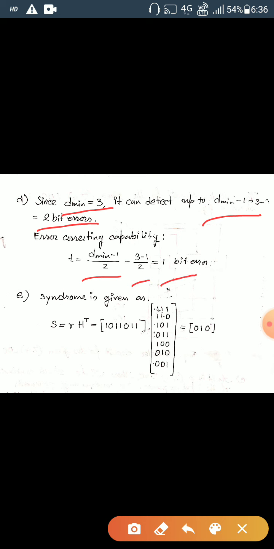That means if a single bit error occurs, it can detect and also correct the error. That means it can identify the position where the error has occurred, and at this particular position you have to alter the value.